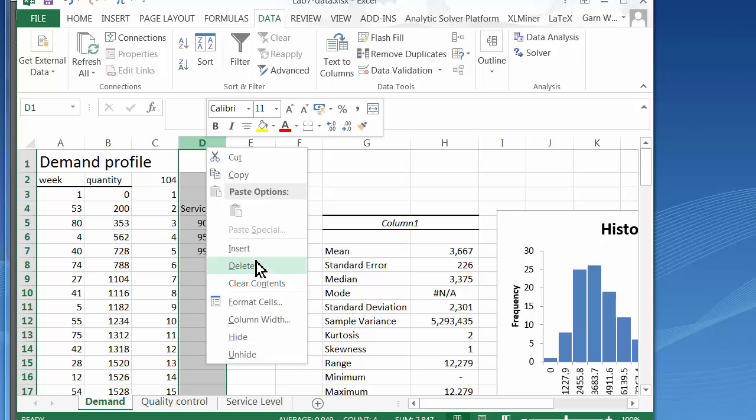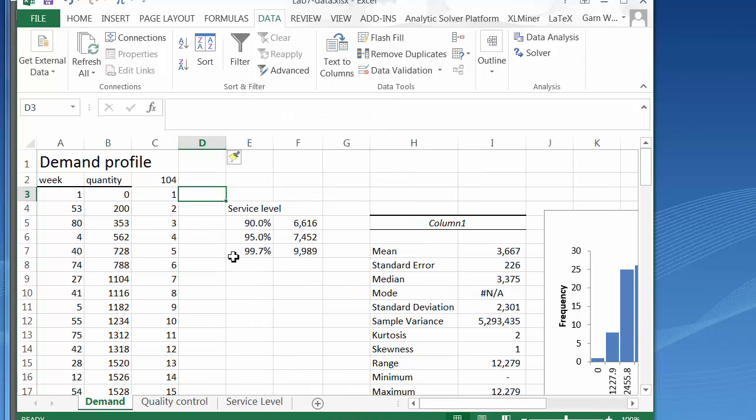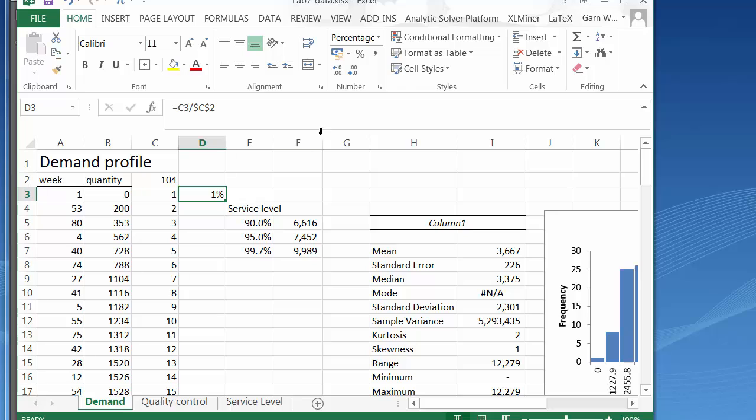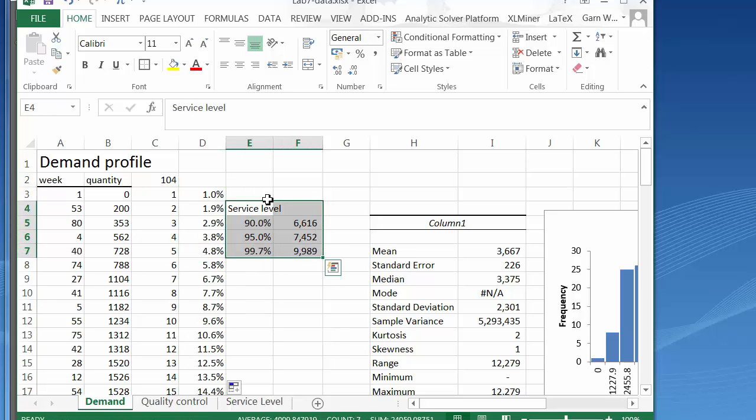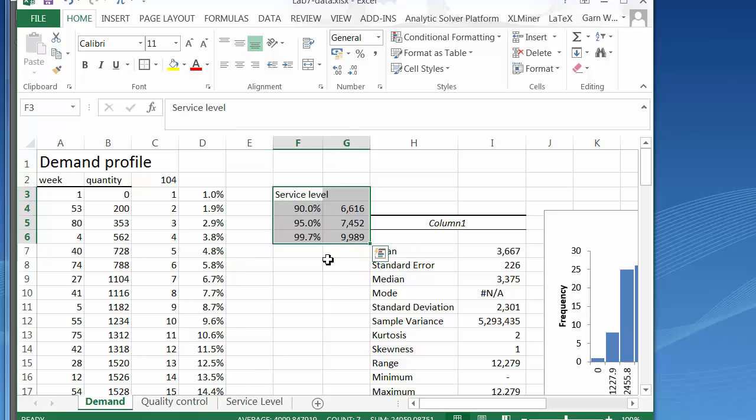So let's be a bit more precise and actually divide by 104. So we get the idea of what's going on.